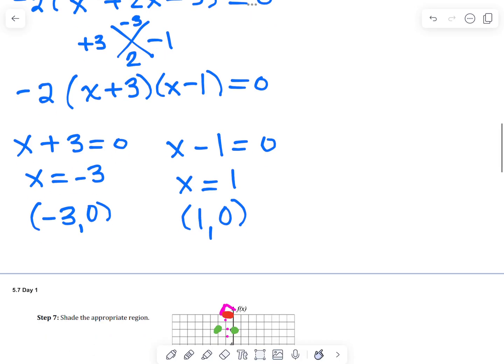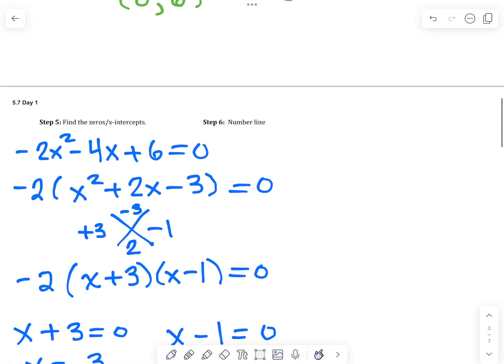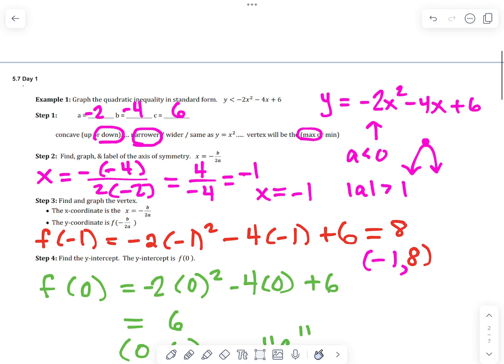So let's go ahead and graph those on the coordinate plane. So now we have 5 points. Now I'm going to go ahead and start to graph the parabola here.